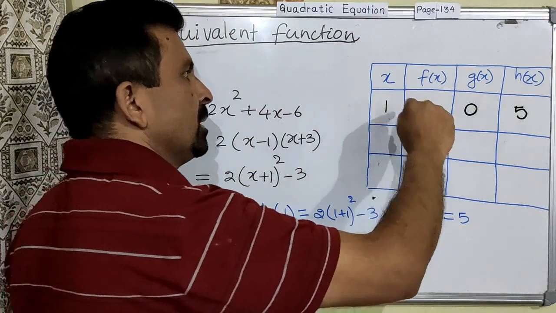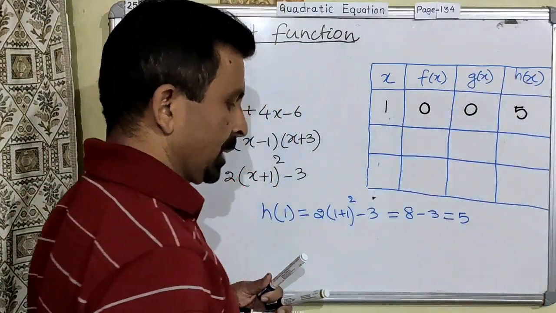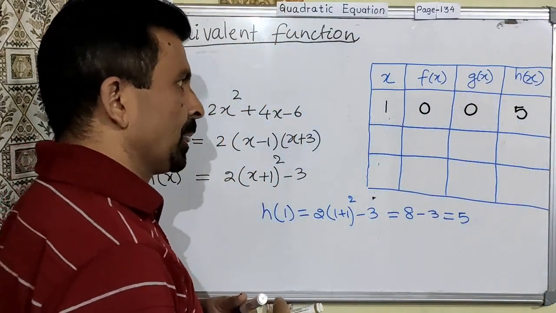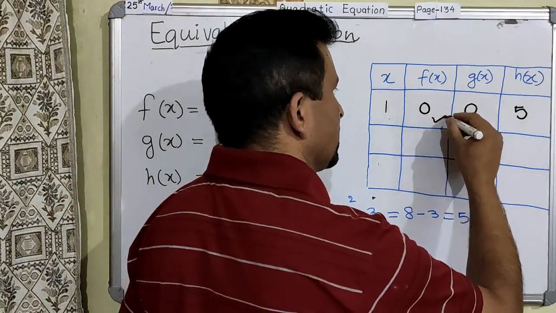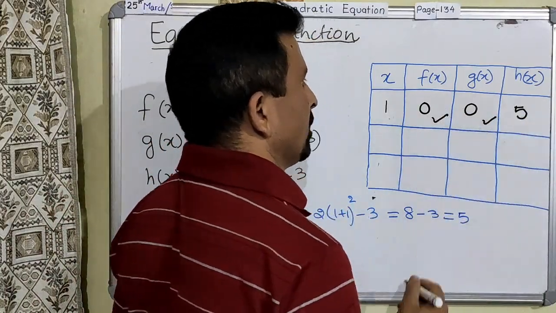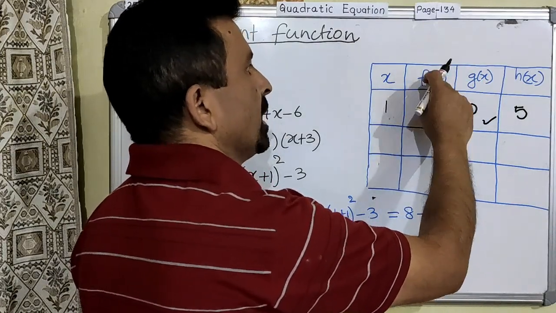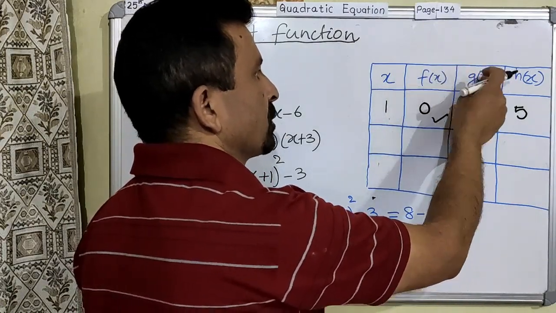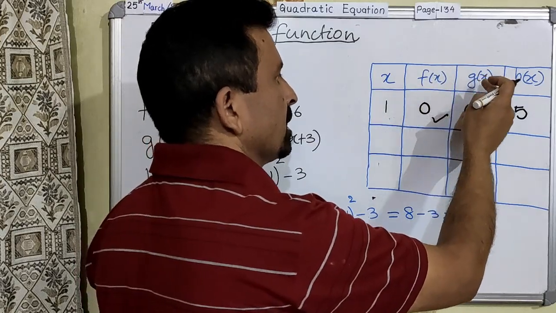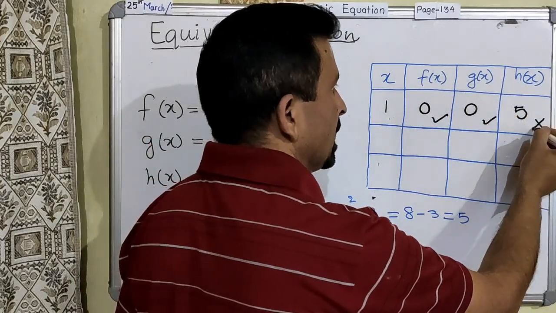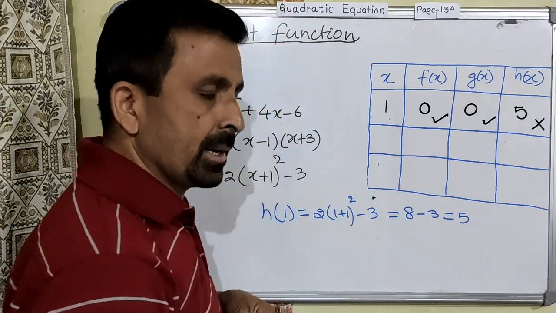Now you can see which functions have the same value, right? This function and this function have the same value. That means these 2 functions are equivalent functions, and this is not the equivalent function. Are you getting my point?